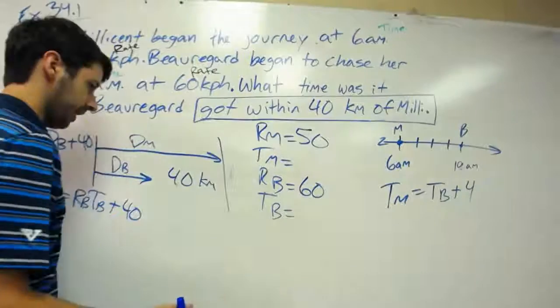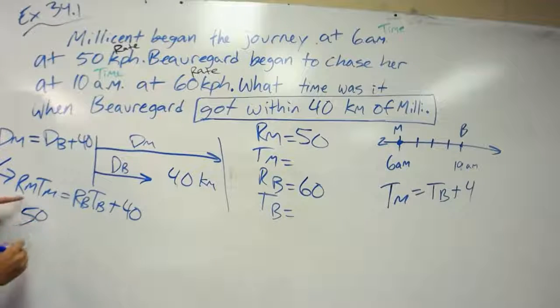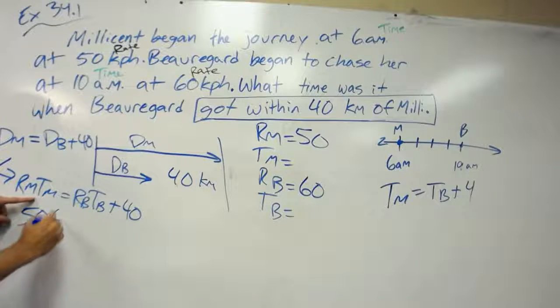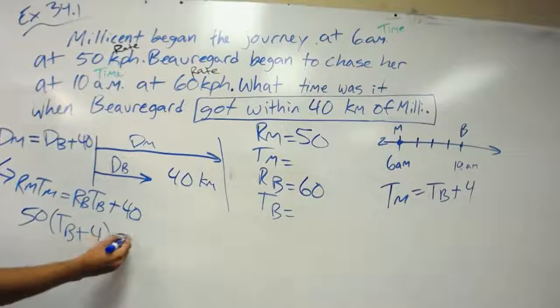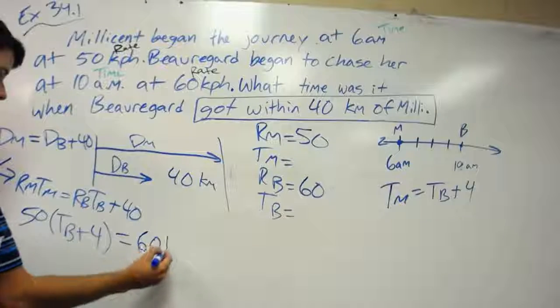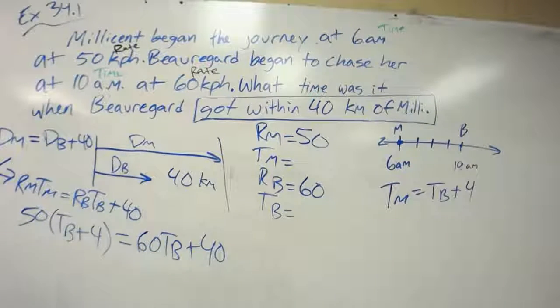Now that we know that, we can plug into our equation over here. Rate of Millicent is 50. Time of Millicent, we said, is time of Beauregard plus 4, equals 60 TB plus 40, and then you can solve.